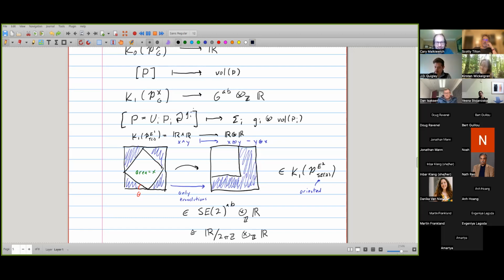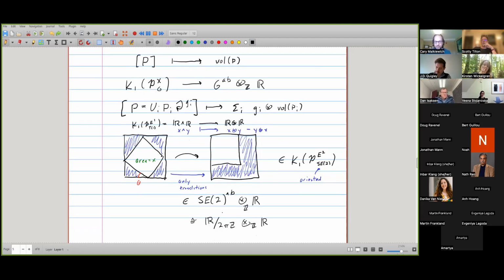This is going to define a class in the abelianization of SE2 tensor R. So what is this going to be? When you abelianize the isometries, every translation is a commutator in terms of rotations. So all the translations go away, and you end up getting just R mod 2 pi Z. So you just get the rotations, SO2.